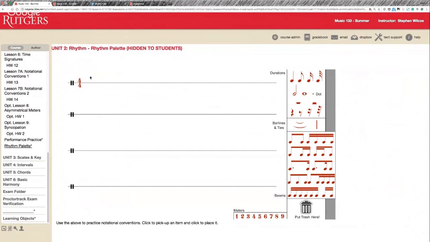Here's 4/4. I know that there's 4 quarter notes, and I know that the beat is a quarter note. Anything with a 2, 3, or 4 on top is going to be simple. In this, each quarter is going to divide into 2 eighths.